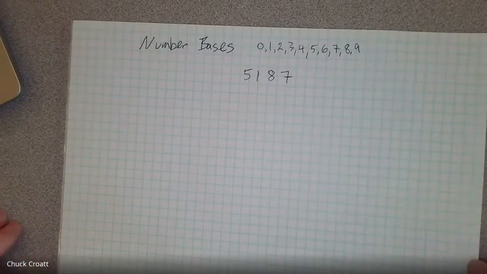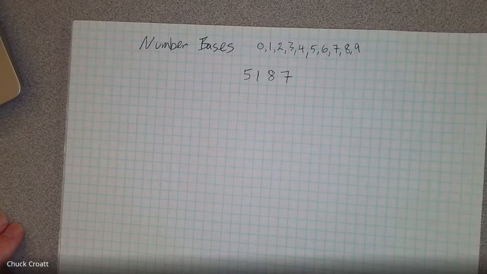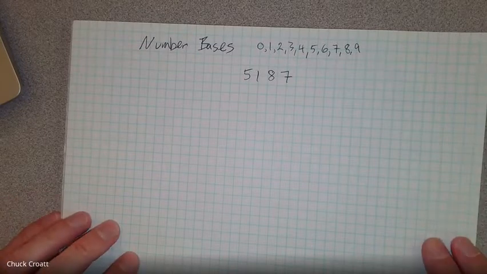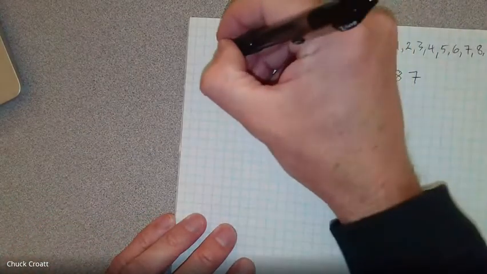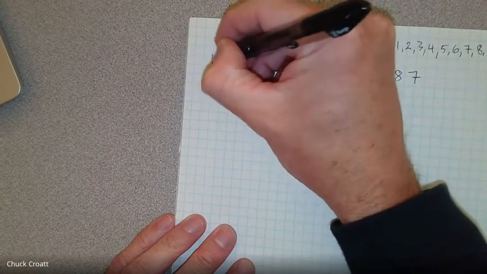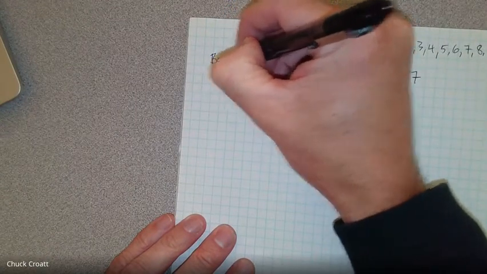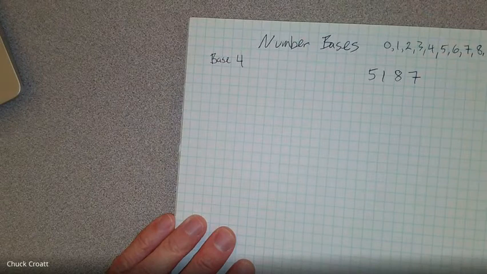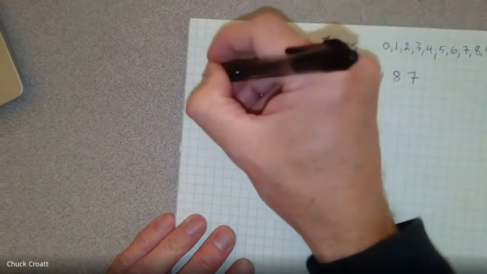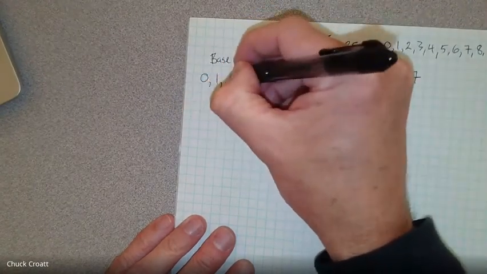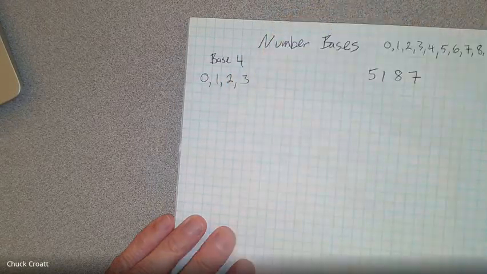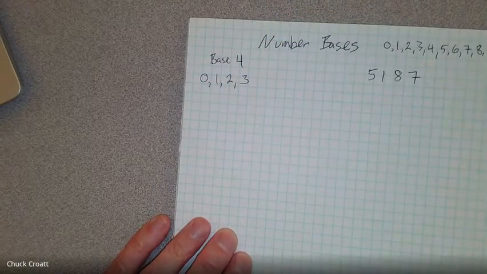And so I want you to think about if we were going to write down numbers with a number system where we only had 4 digits. So what if we had, I'll just call this base 4. So the only digits we're allowed to use are 0, 1, 2, and 3. Those are our 4 digits.